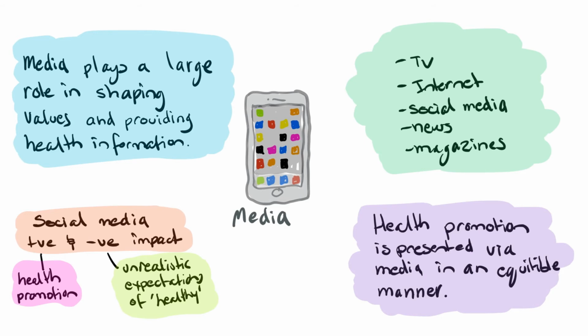Now, when we look at social media in particular, it can have a very positive or negative impact on our health. And often we look at the negative impact, this concept of the fact that social media can sometimes display unrealistic expectations of what actually healthy is. So it's sort of a double-edged sword. You can see that social media can also promote health behaviours as well.